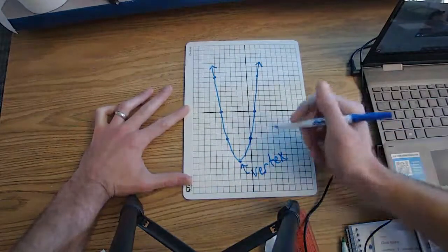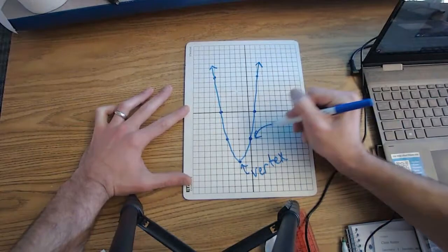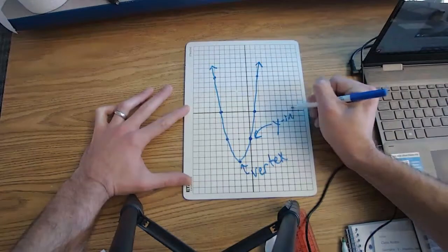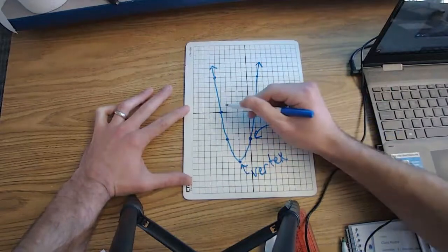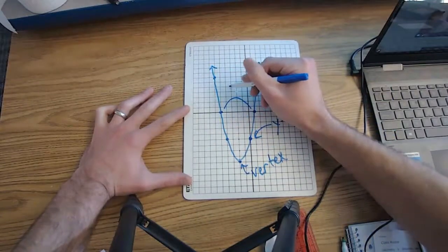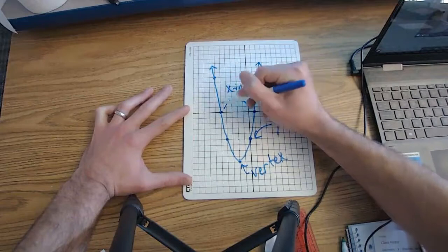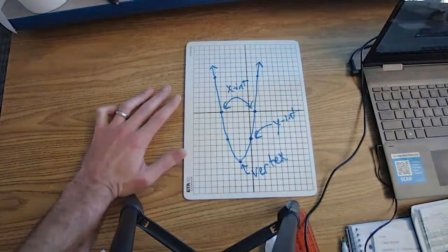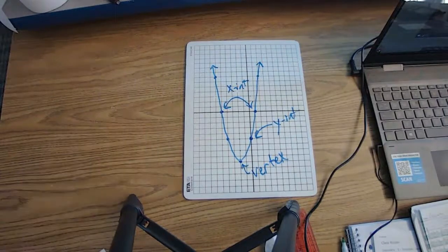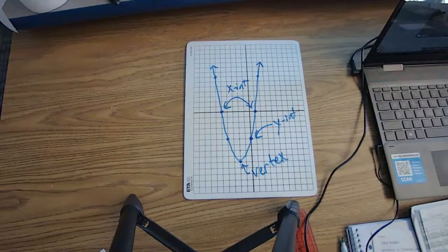Okay, we have our y-intercept here. I also have my two x-intercepts here. Okay, so I can actually predict these if I look at all the different equations for this.